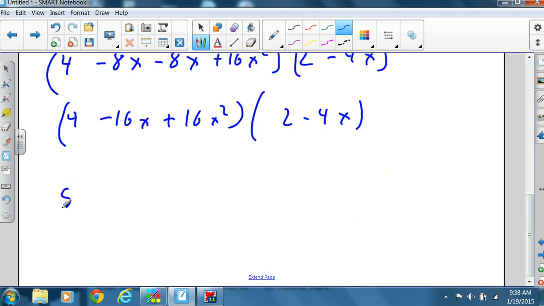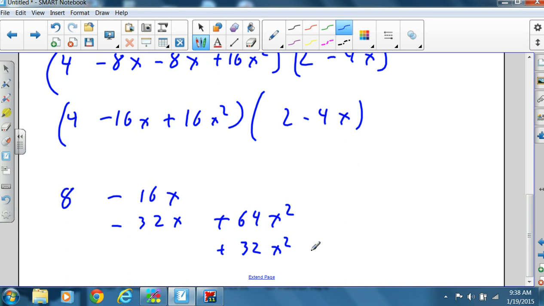All right, so I've got 8, minus 16x, minus 32x, plus 64x squared, and then plus another 32x squared, minus 16x, 64x to the fourth.